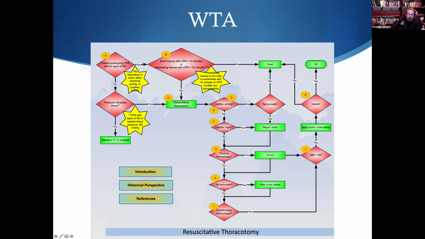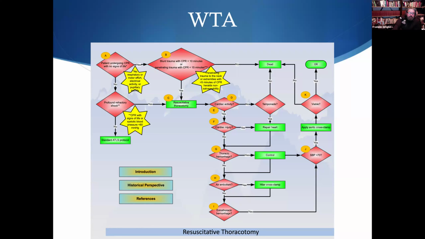I've heard it quoted anywhere from 10 to 40% of resuscitative thoracotomies that somebody on the team gets a blood exposure, because we are fast and messy, and there are broken bones and broken ribs.